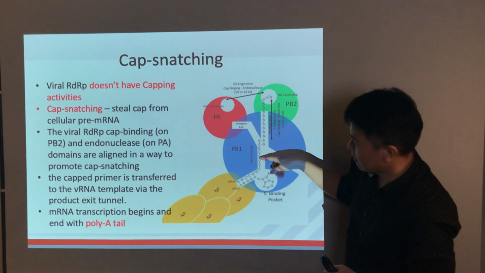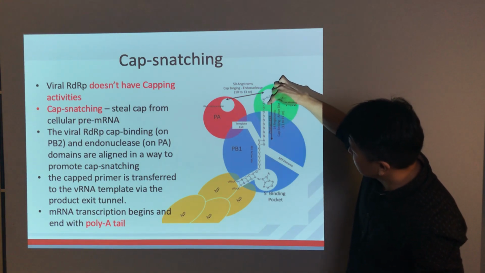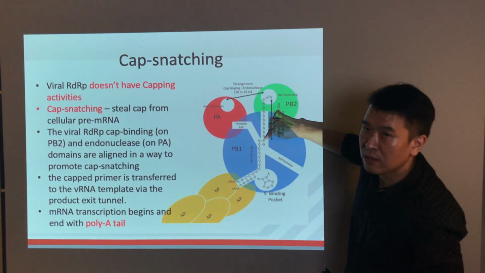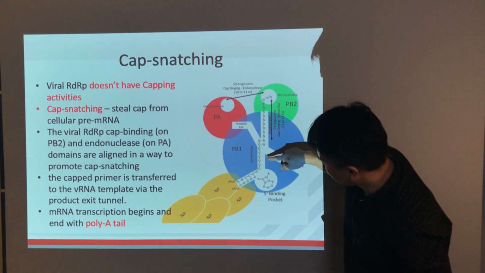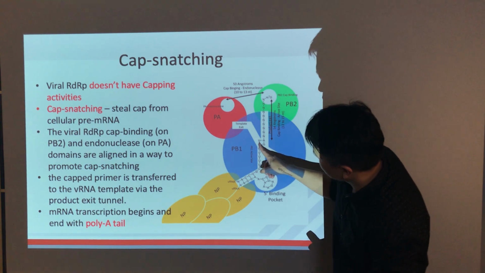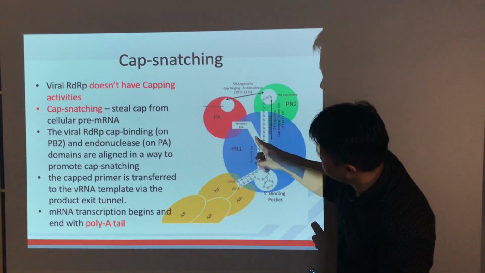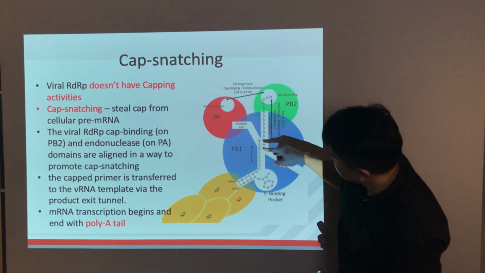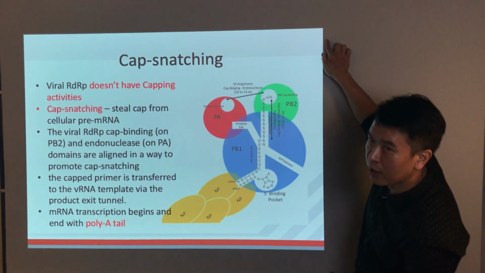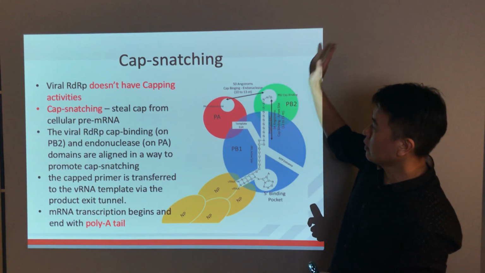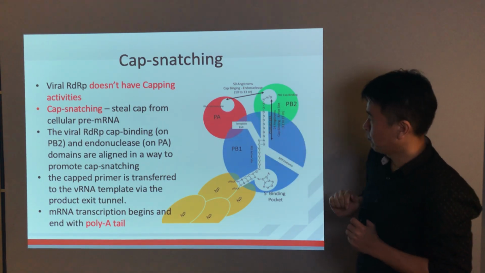Eventually we are synthesizing an mRNA that has a cap, 10 to 13 nucleotides that come from the host, and the rest of this comes from the virus. So this is the virus RNA that goes up from the template channel. As this goes up, nucleotides keep adding in. This will become mRNA, and this will still be the viral genome.